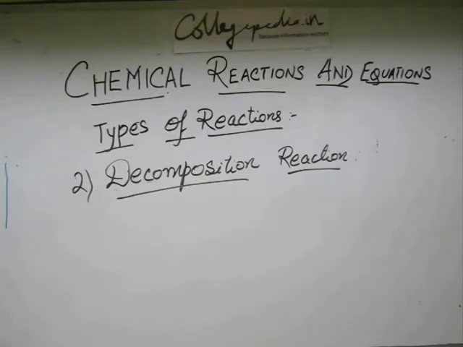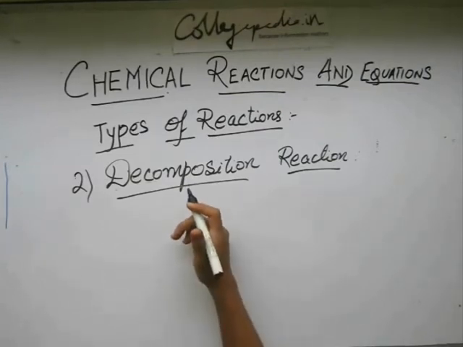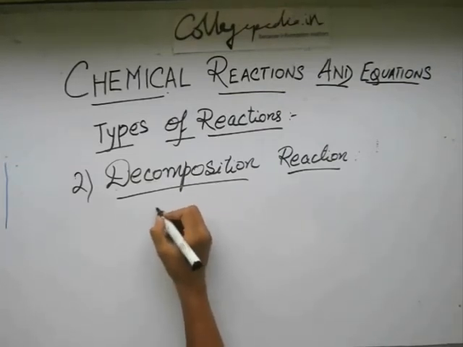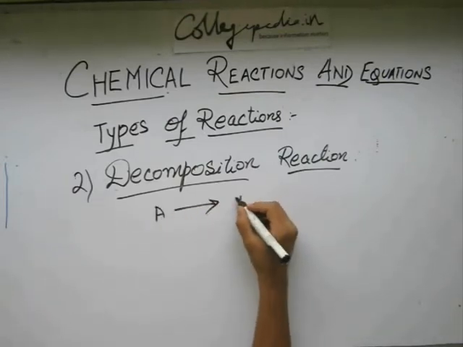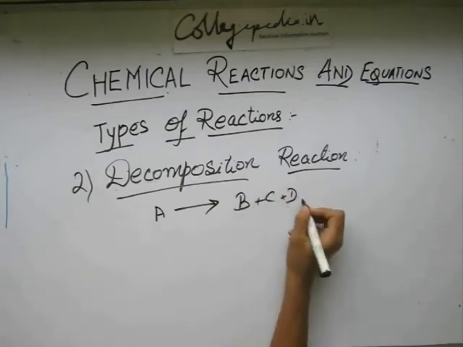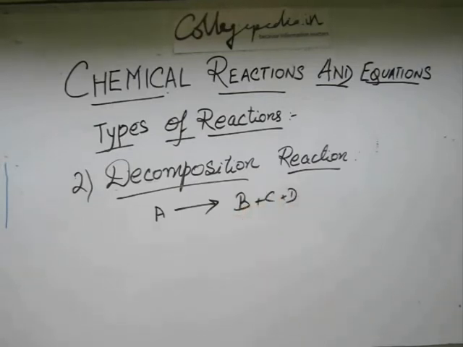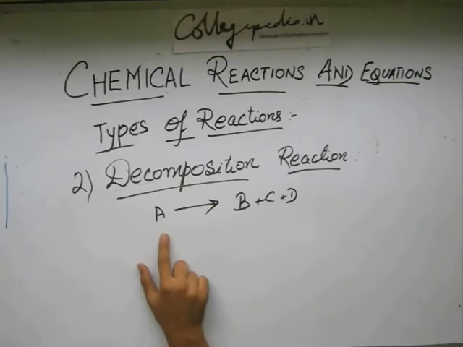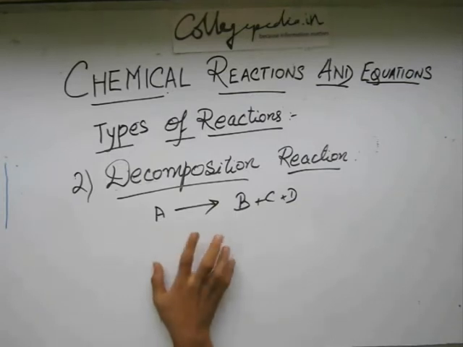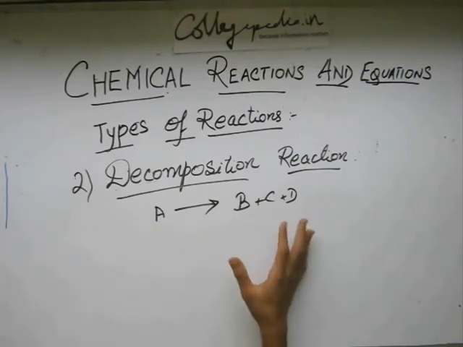Now in decomposition, it is in one way opposite to combination reaction, because in this case you have a product A breaking into several other products, B plus C plus D, can be two or more products. So in combination you had two, three, four reactants combining to form one or maybe two products. In this you have one reactant breaking down to form two or more products.